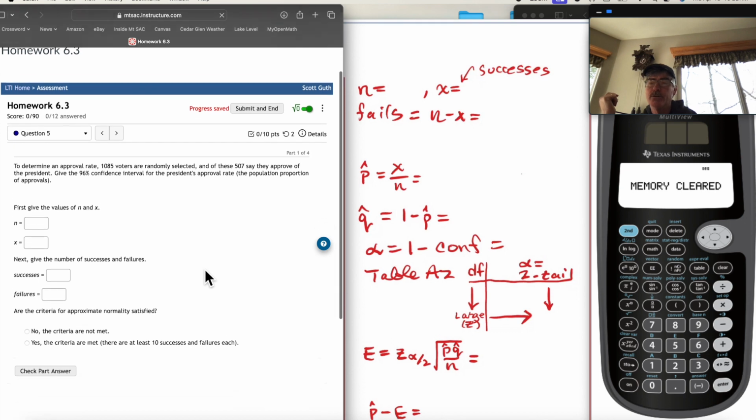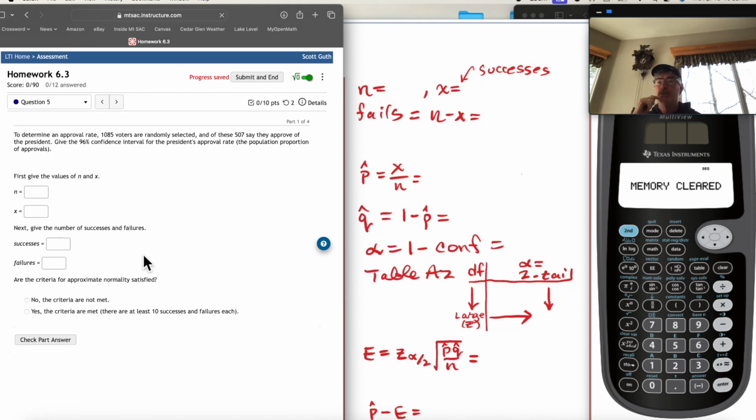Okay, so this one says to determine an approval rate, 1,085 voters are randomly selected. I'll put down here. And of these, 507 say they approve of the president. Those are your successes.